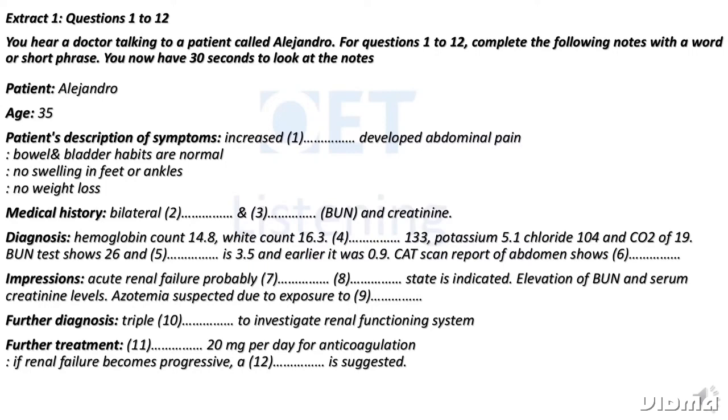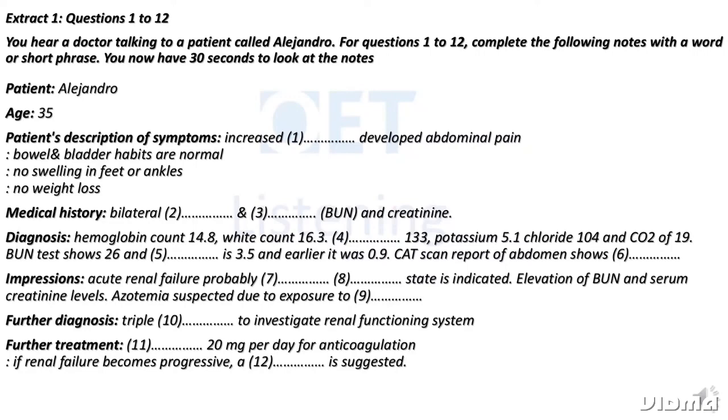Any sudden weight loss? No, doctor. Your blood pressure level is 130 over 170. There is no organomegaly and no peripheral edema. Your laboratory reports show hemoglobin count 14.8, white count 16.3, sodium level 133, potassium 5.1, chloride 104, and CO2 of 19.